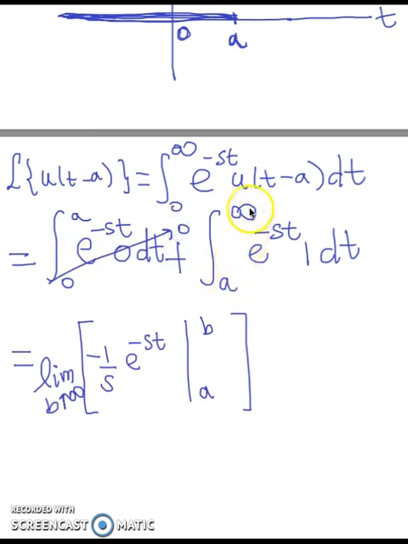And so this means that this first integral becomes 0. We're left with this integral from a to infinity, which is equal to minus 1 over s e to the minus st evaluated from a to b, taking the limit as b goes to infinity.